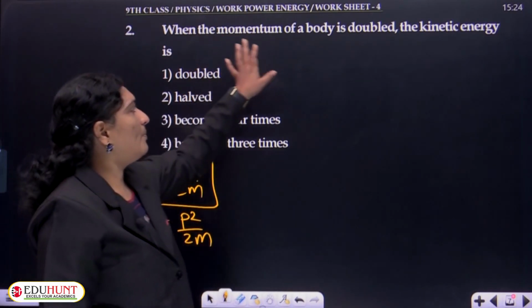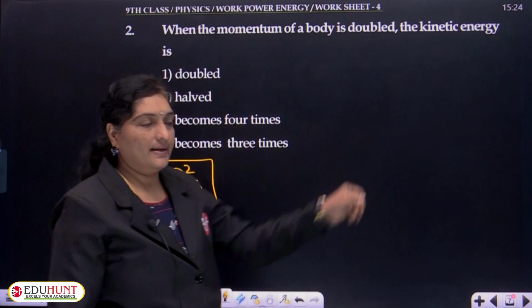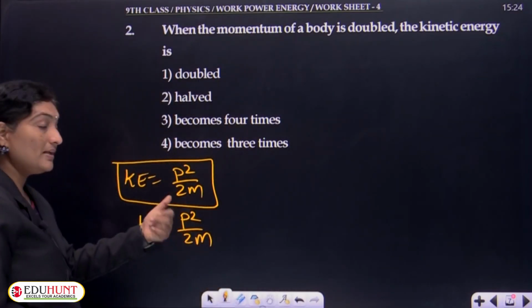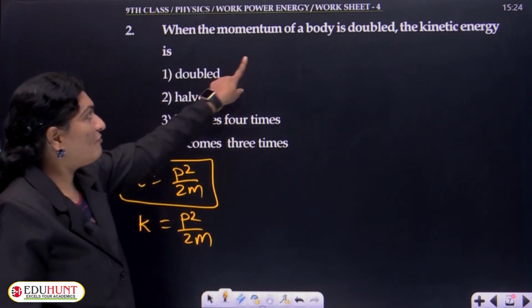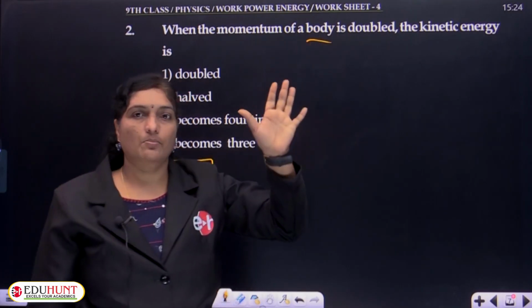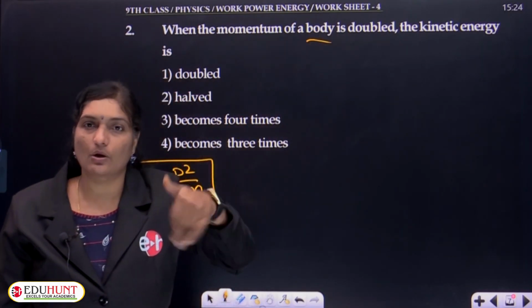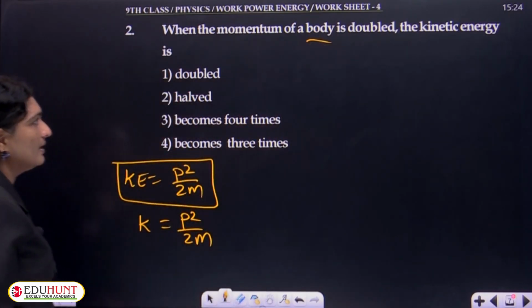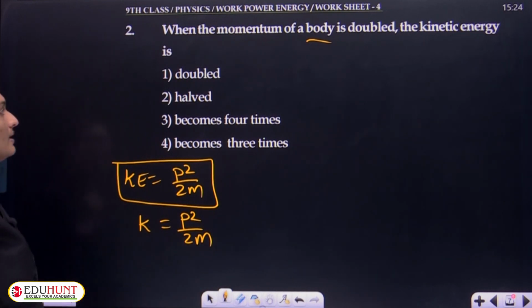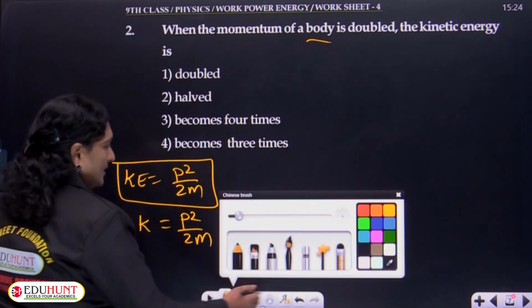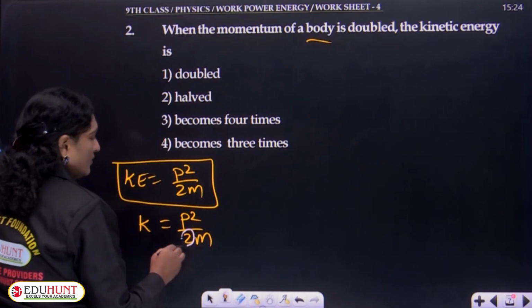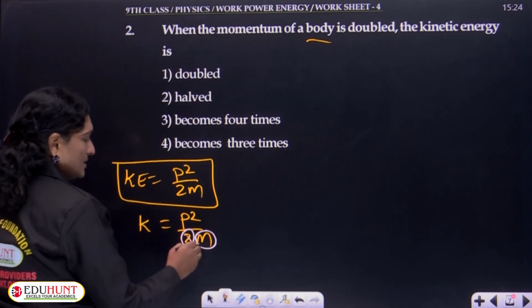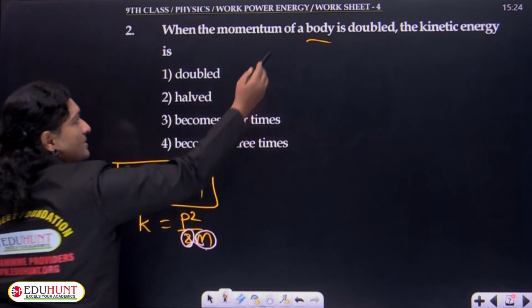Given that when the momentum of a body is doubled, so what happens to the momentum? Momentum changes, it is doubled. Of what? Of a body. So, only the same body, only momentum is doubled, keeping the body as it is. The kinetic energy of the body, very clearly, we know the 2 is constant and m is also constant because it is the same body.